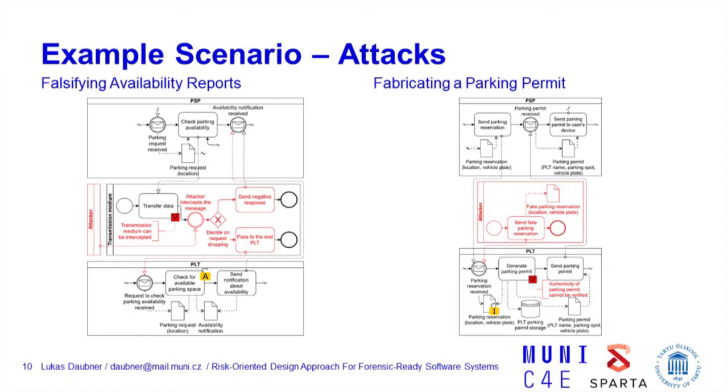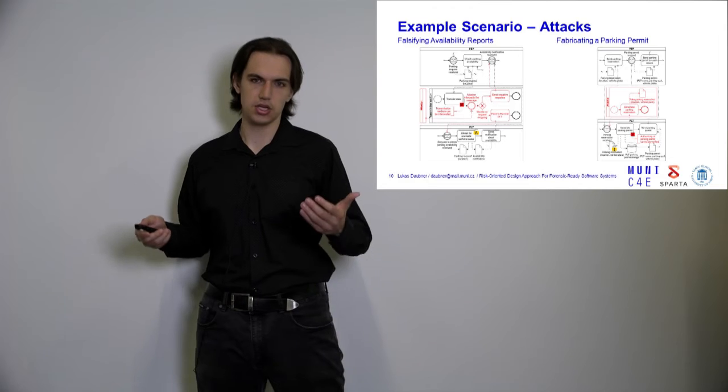So let's take a look at an example of attacks. First, we've got the attack of falsifying availability reports, when some malicious entity wants to send false reports of availability to make it look like the parking lot is full and therefore no reservation can commence.